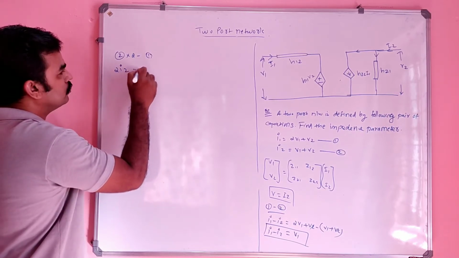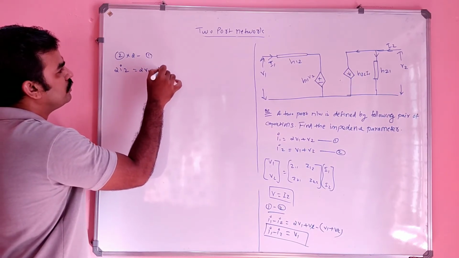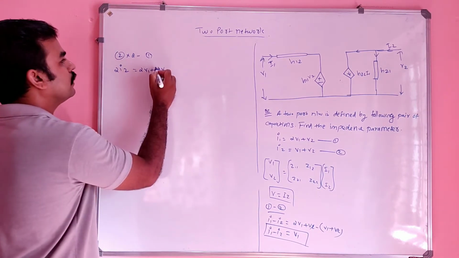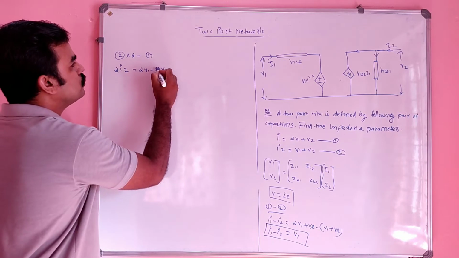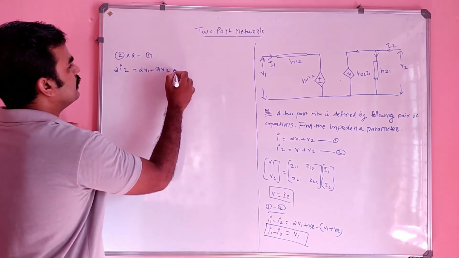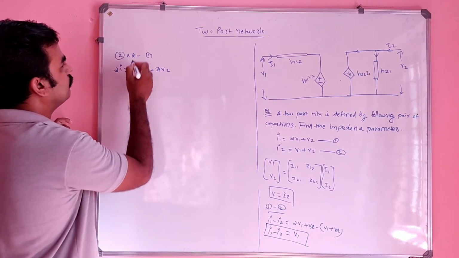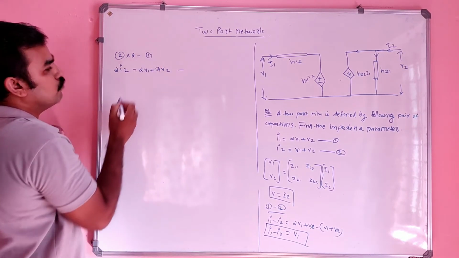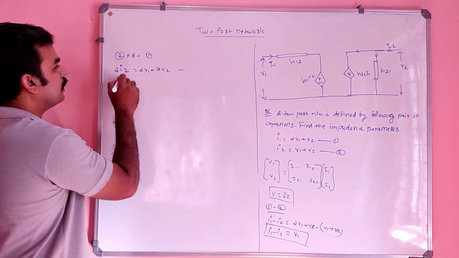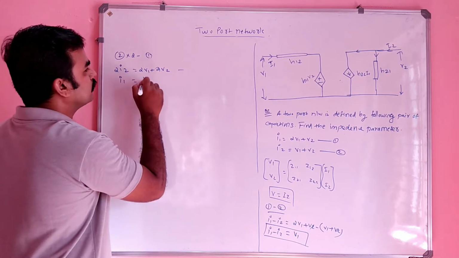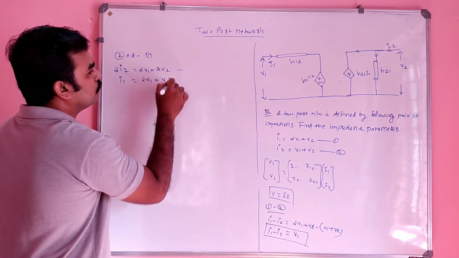2 into 2 means 2I2 equal to 2V1 plus 2V2. Correct or wrong, beta? And minus, 1 here, I1 equal to 2V1 plus V2. Correct?